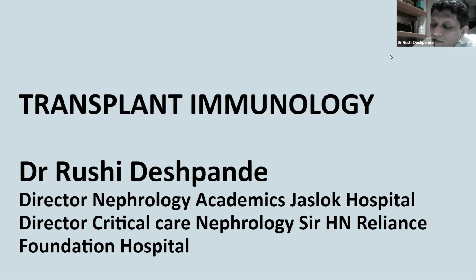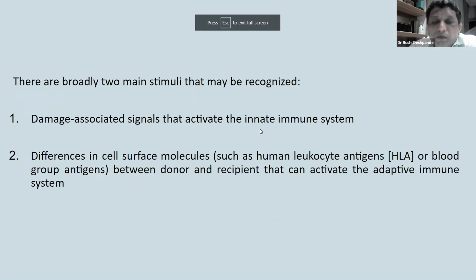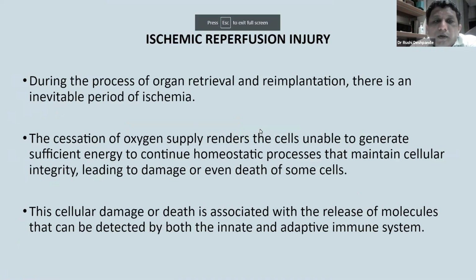So that was in a nutshell the summary of whatever we tried to speak yesterday when it came to immunology, because I was requested by a few of you to go over that before I started today.